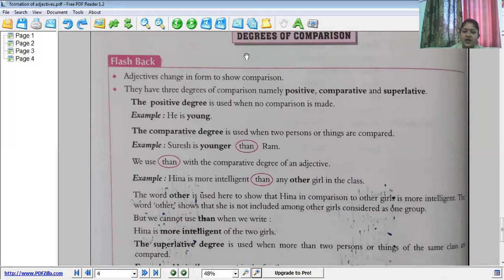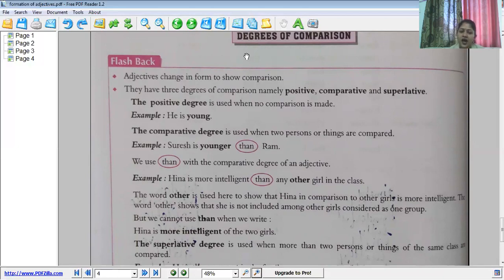Let's see, Hina is more intelligent than any other girl in the class. So comparing to any other girl, Hina is more intelligent, not intelligenter. Now let's see what explanation is given. The word other is used here to show that Hina, in comparison to the other girls, is more intelligent.